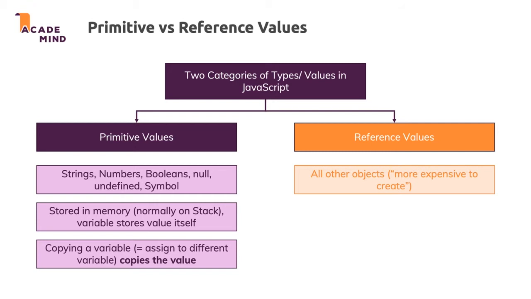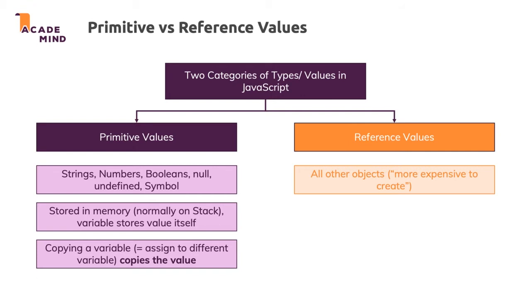Now, all real objects, which always stay objects, are handled differently because they're more expensive to create, you could say. A real object, which you create on your own, or which might be built into the browser and exposed to you, like that Math object where we also called the random function earlier in the course.